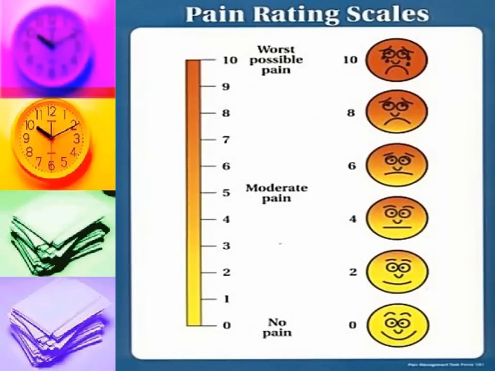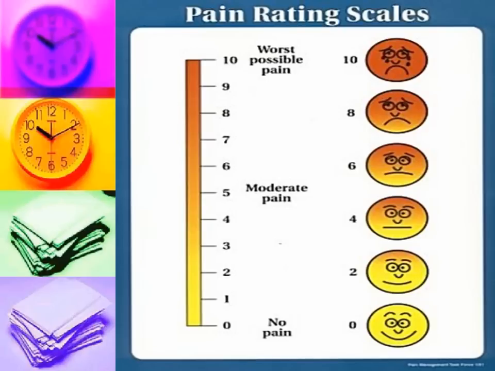When asking a patient to rate their pain, we want to ask them, what is your pain on a scale from 0, meaning no pain whatsoever, to 10, which would represent your worst possible pain that you could imagine. So on a scale from 0, no pain, to 10, worst possible pain, what would you rate your pain at this time?